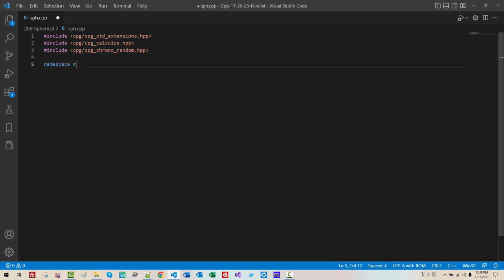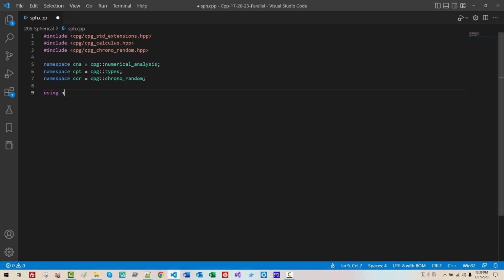Namespace CNA, CPG, numerical analysis. Namespace CPT, CPG, types. Namespace CCR, CPG, chrono random.